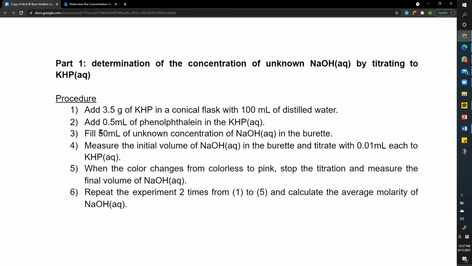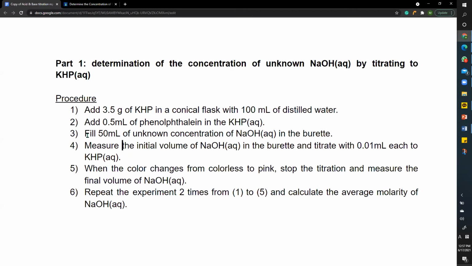And then after that, we add 0.5 milliliter of phenolphthalein to the KHP solution. This is because we want to see the color change from colorless to pink when we add NaOH solution to the KHP solution.